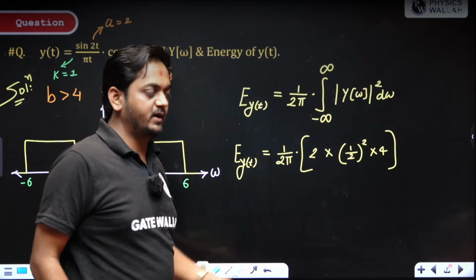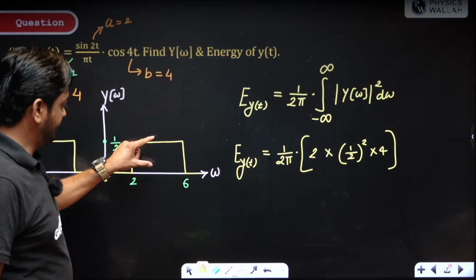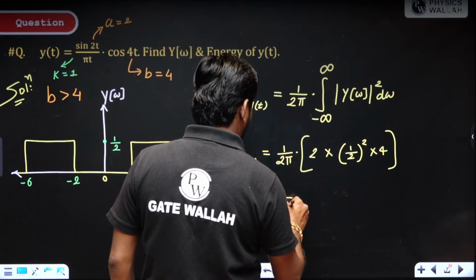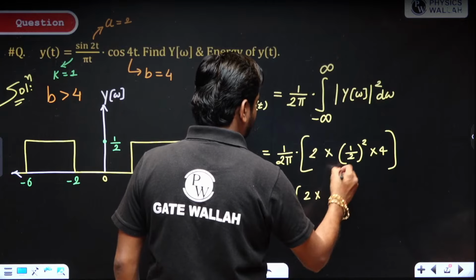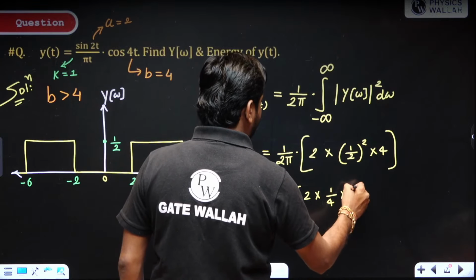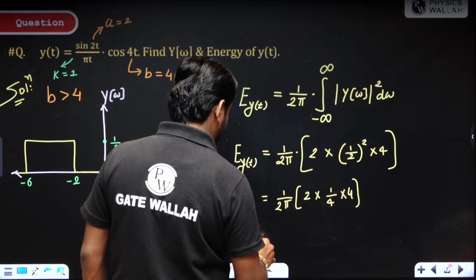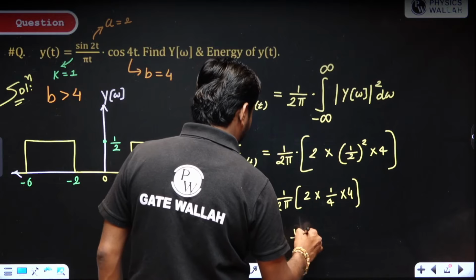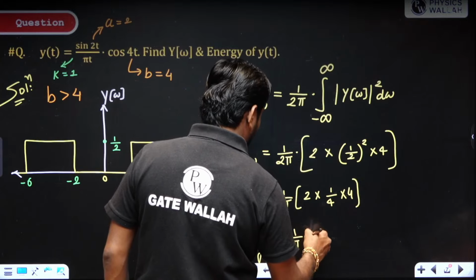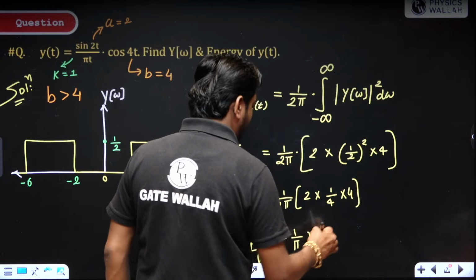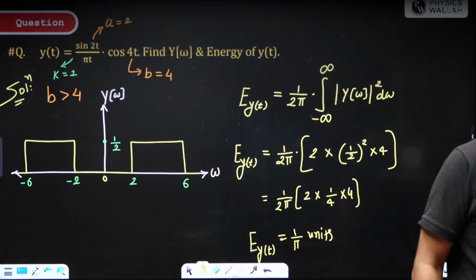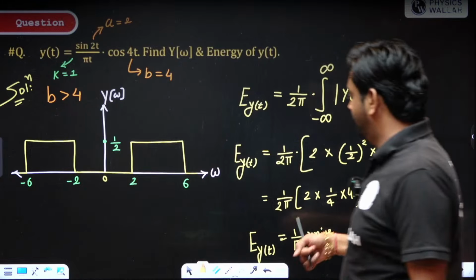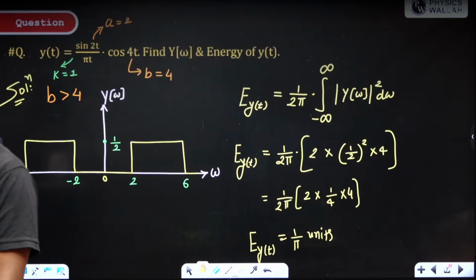So this is 1 upon 2 pi, times 2 into 1 by 4, and this is 4. 4 gets cancelled, 2 gets cancelled out. So finally the energy of this signal is 1 upon pi. Clear? 1 upon pi is the correct answer here. The energy of this signal is 1 by pi units.